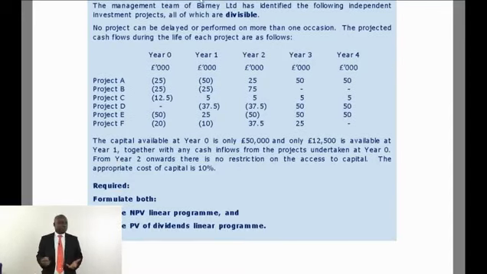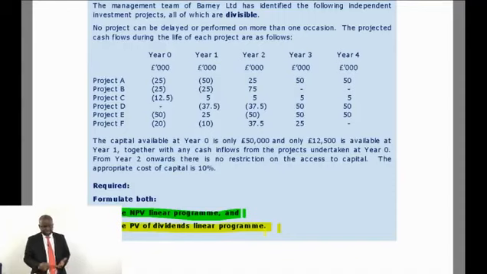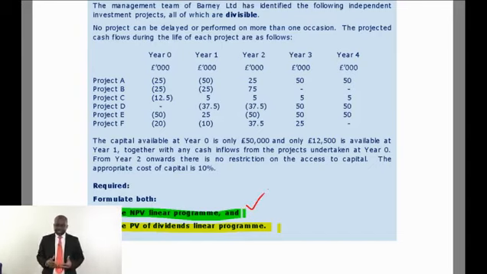And we said linear programming objective can either be maximizing the NPV or maximizing the present value of the cash flows available to pay dividend. And we were able to use the question to do the linear programming to maximize the NPV. So now we're going quickly to look at the linear programming to maximize the cash flows available to pay dividend, the present value of it.